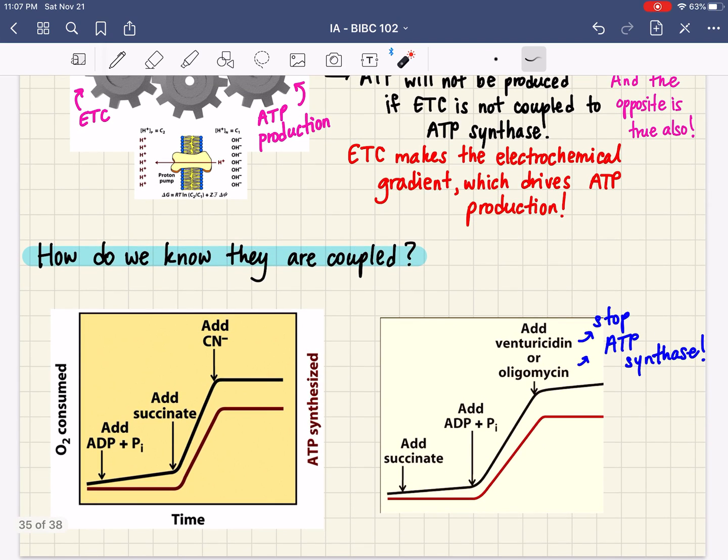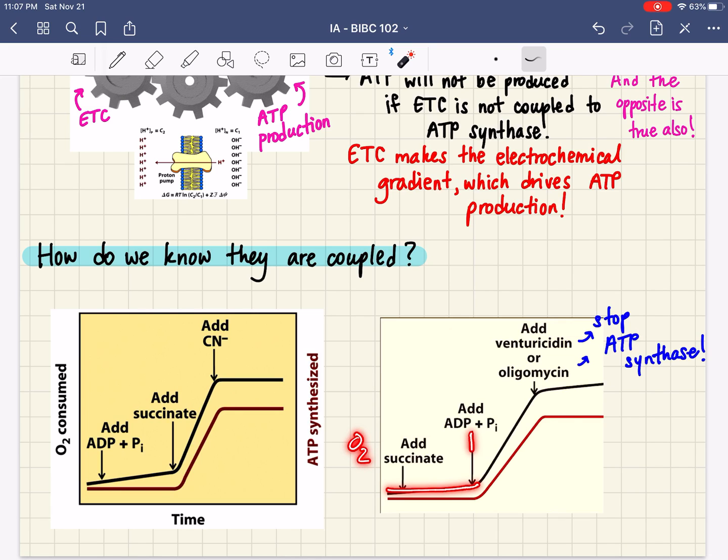Okay, another experiment is, again, we're looking at oxygen consumption and ATP production. We first add succinate, so the ETC has a substrate to keep working, right? But it doesn't work because we're not consuming any oxygen. See, this line is flat.